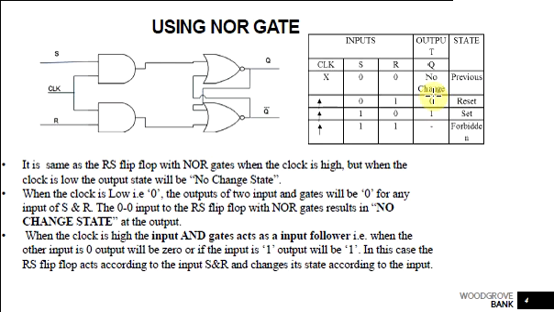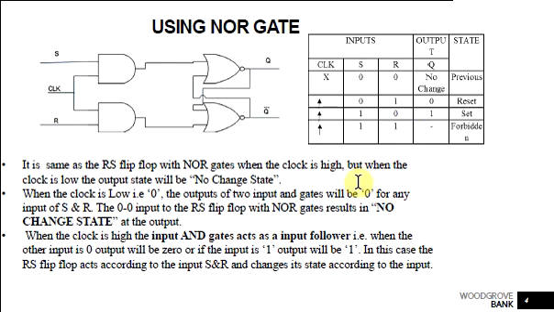When S is 1 and R is 0, that corresponds to the set state, where the output is 1. When the clock is activated and both S and R are 1, that leads to the forbidden condition, which is not allowed.